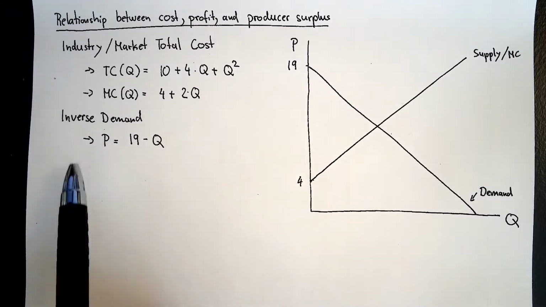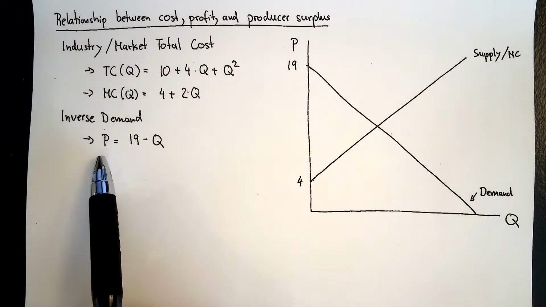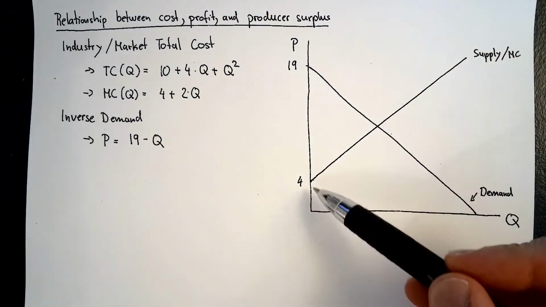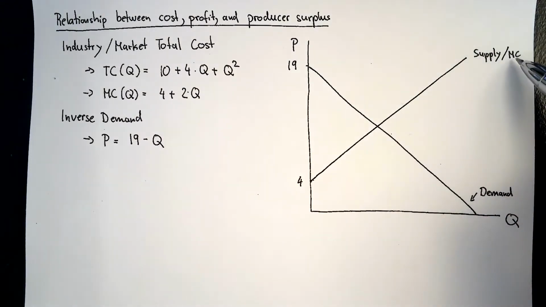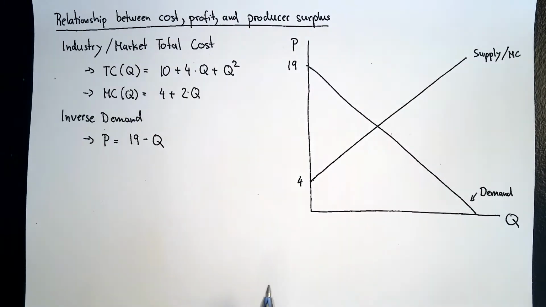Now note that we also have an inverse demand function, which I have written as P equals 19 minus Q. Now, in a first step, let us solve for the market equilibrium, and this is where the supply, or the marginal cost function, equals the demand function. Okay?